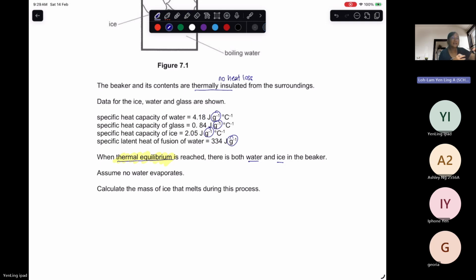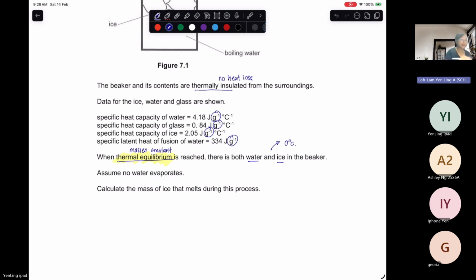If water is at a higher temperature than the ice, it will continue to melt the ice, but I've got thermal equilibrium. So this will mean that the masses of everything are constant. The masses have all stayed constant already. It's no longer melting any more ice, and that can only happen when all these are at 0 degrees Celsius.